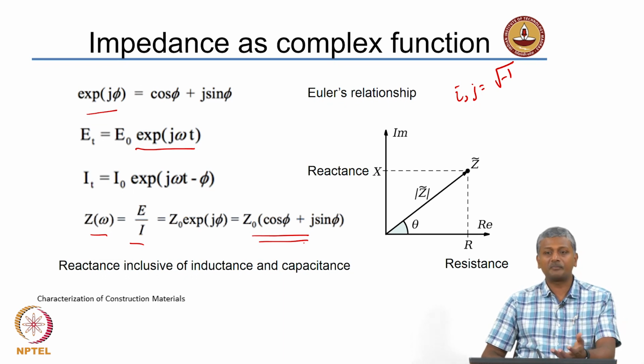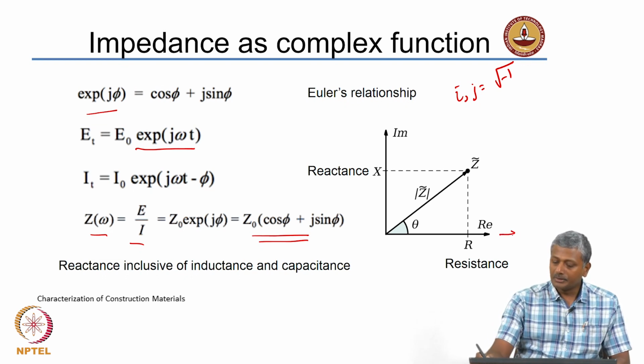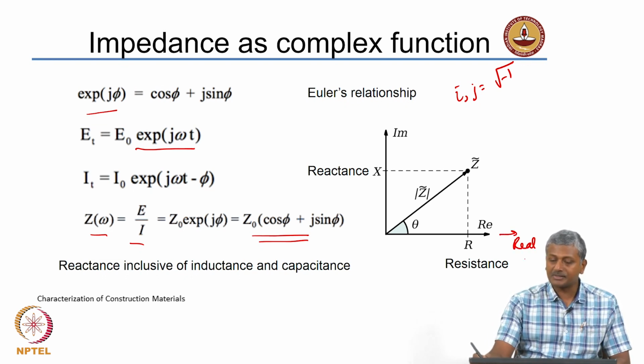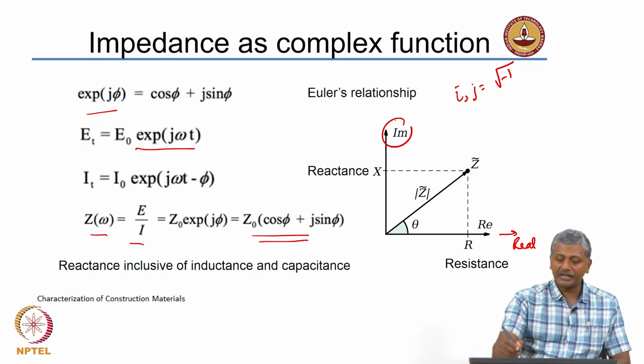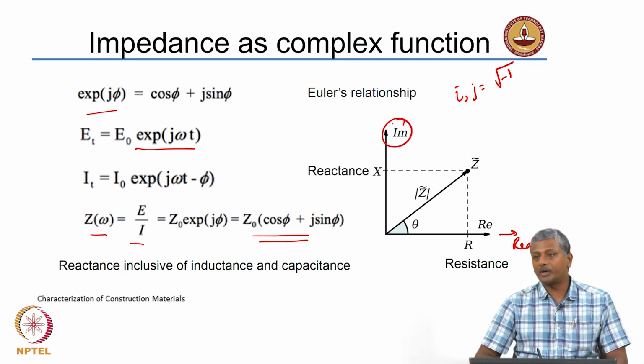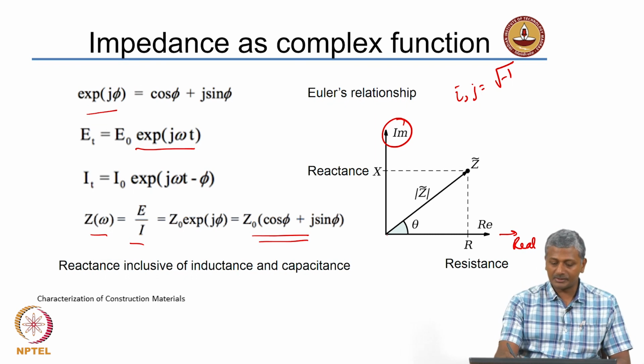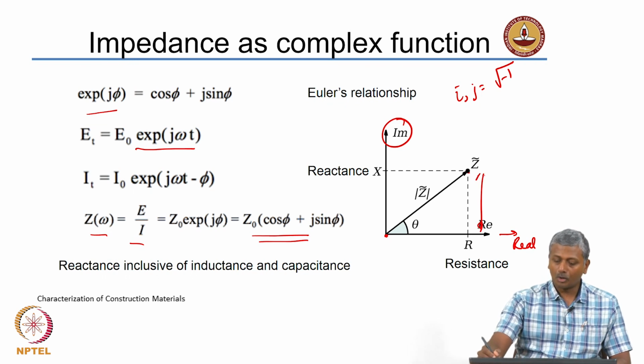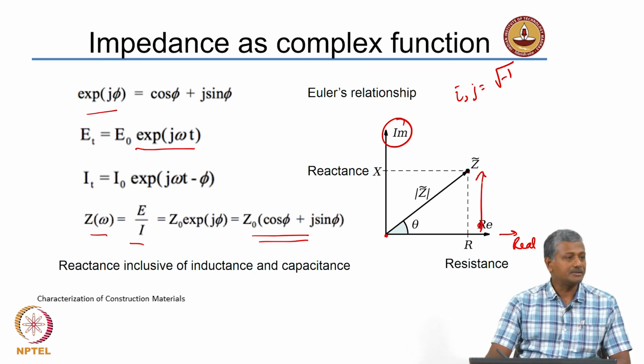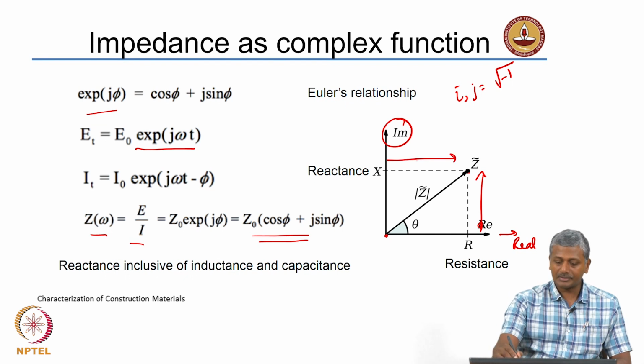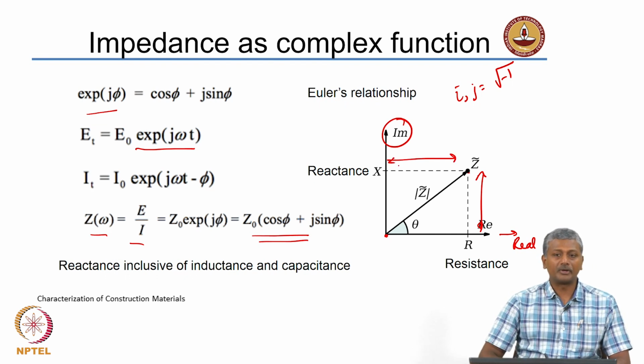So, you are basically representing the impedance on a complex plane here, where the real part of the impedance is on the x axis and the imaginary part of the impedance is on the y axis. So, if this is your origin, right, the impedance at any given point has two components, one is your reactance component and the other is the resistance component.